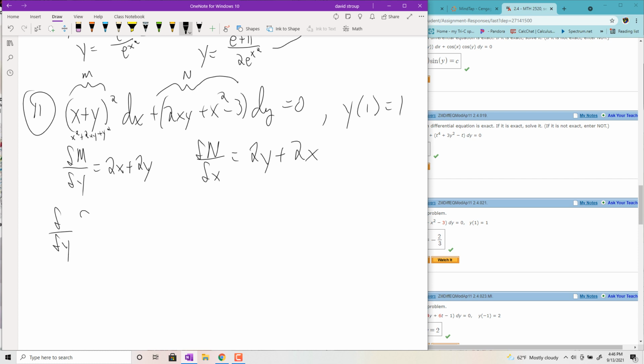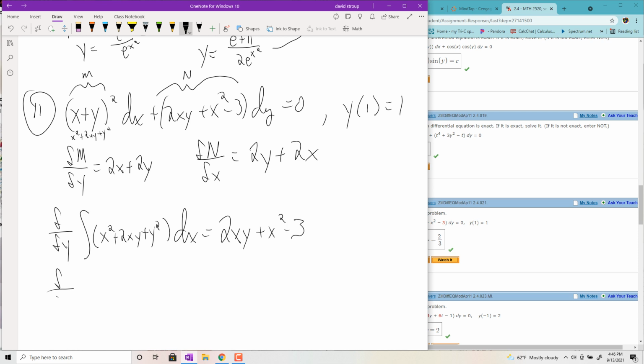You're taking the partial with respect to y of the integral of m with respect to x, and that should equal n. So let me use the FOILed version, the x squared plus 2xy plus y squared dx, and that should equal n, 2xy plus x squared minus 3.